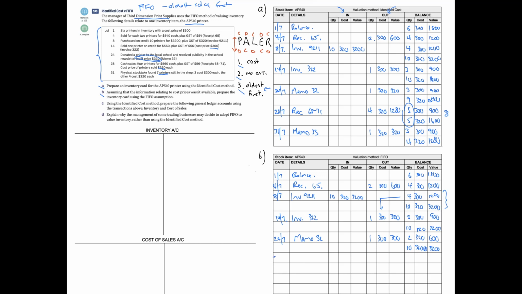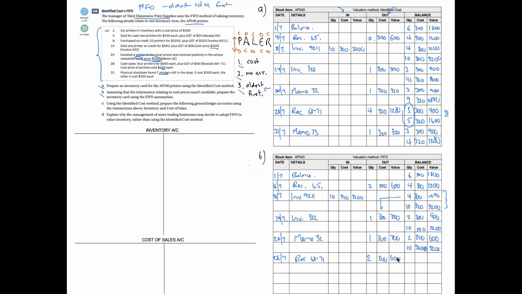On the 28th, we sell four printers, and we did know that these were the $320 ones, but this time we don't know that. So we're going to go receipt 68 to 71, and we're going to go, which ones have we sold? We will sell two of the $300 ones, because they are our oldest ones.